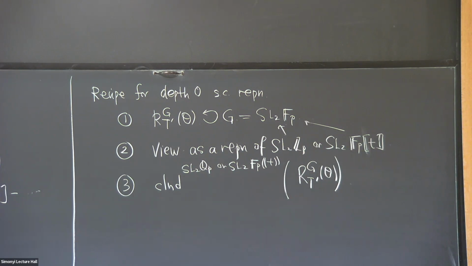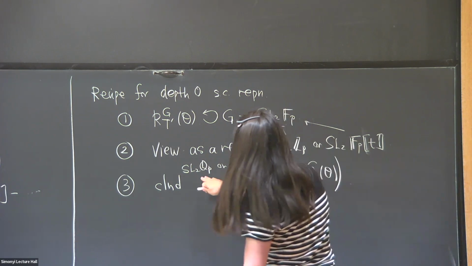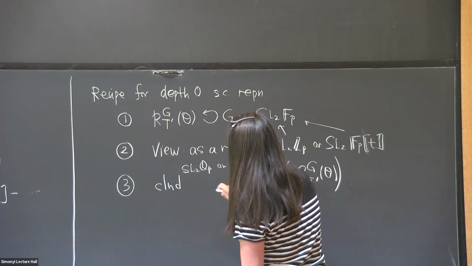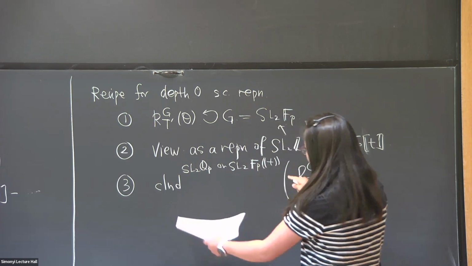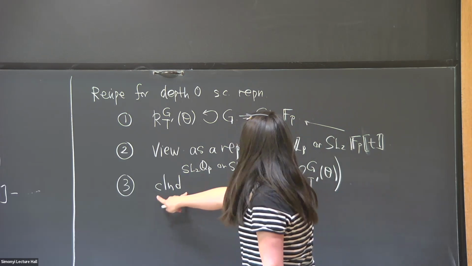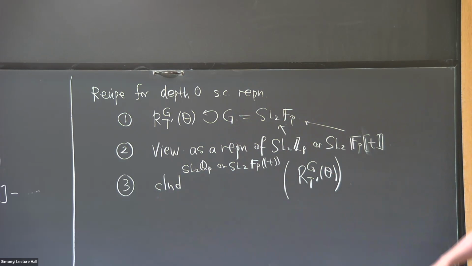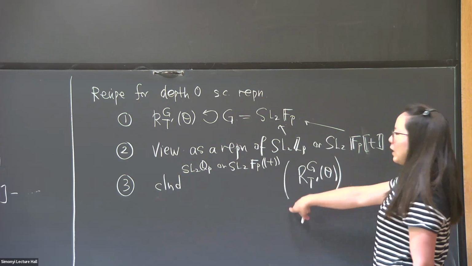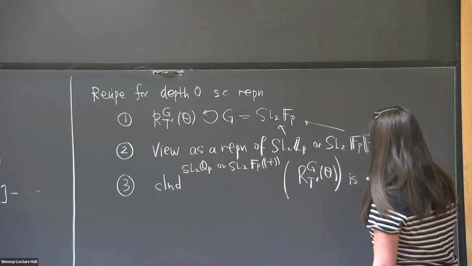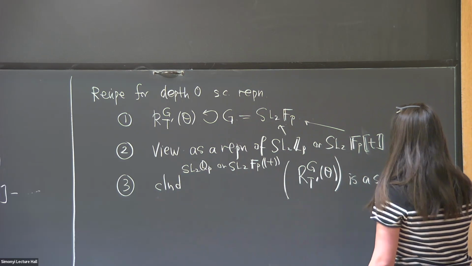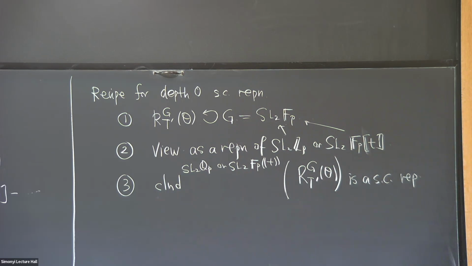So I may write some expression like this in the future, but this looks so funny because this thing here took up so much horizontal space. So next time I will just write compact induction of this, and then all of you will know where I'm inducing from and to. Okay, and so the recipe is that once you finish this step, you have in your hands a supercuspidal representation of the p-adic SL2.